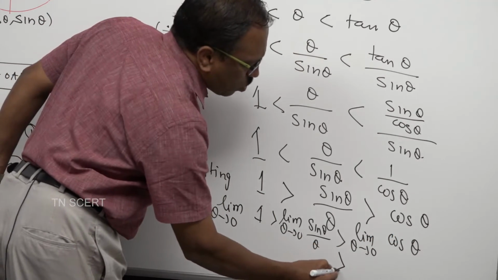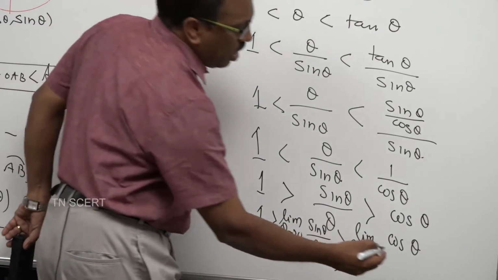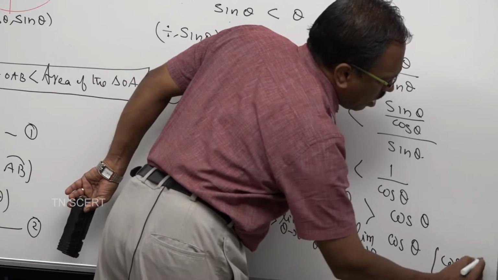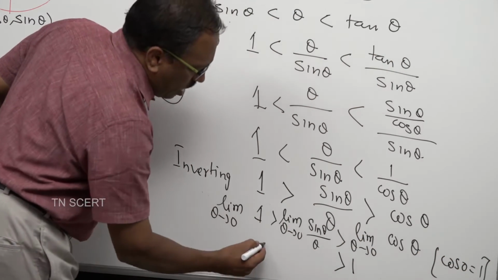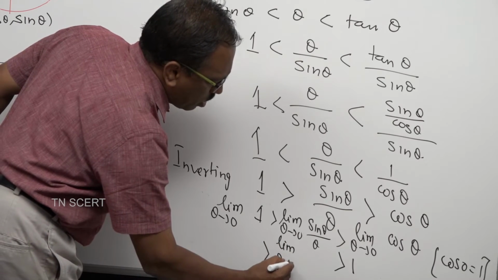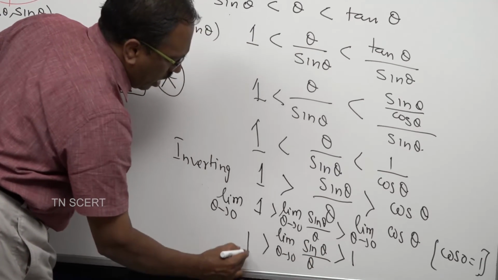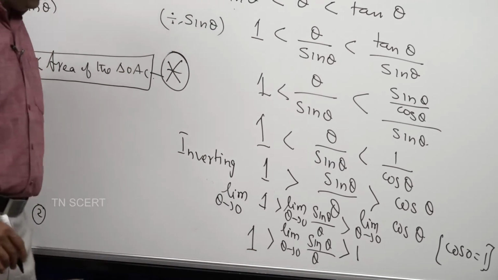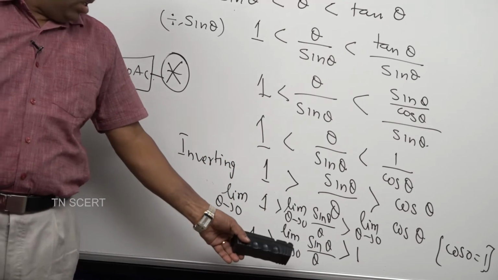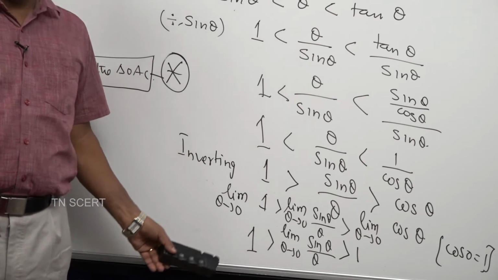Here it is 1, remember that, because cos 0, as you know, is nothing but 1. And here, limit theta tends to 0 of sin theta by theta, we are not applying anything. So 1 greater than limit theta tends to 0 of sin theta by theta greater than 1.